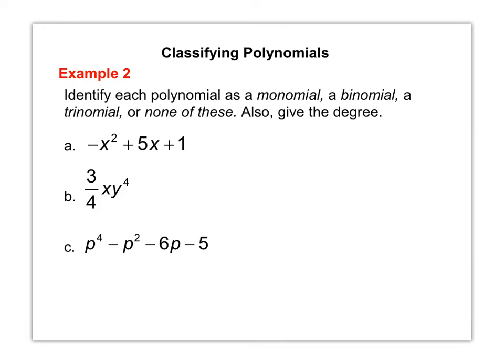In this example, we are classifying the polynomials. I identify each polynomial as either a monomial, a binomial, trinomial, or none of these. In example A, we see the polynomial is negative x squared plus 5x plus 1. Since this has 3 terms, we classify as a trinomial.